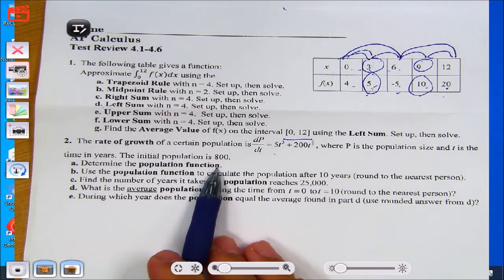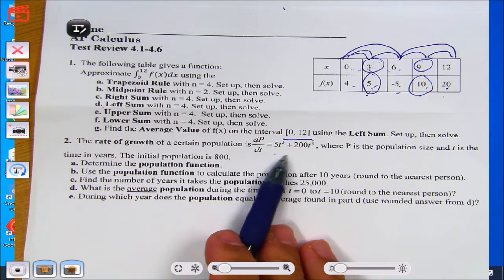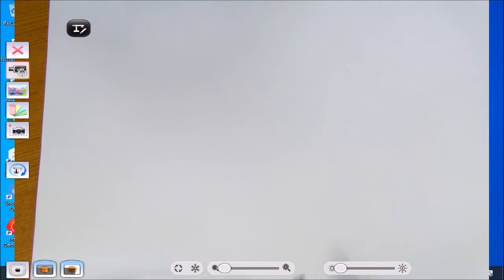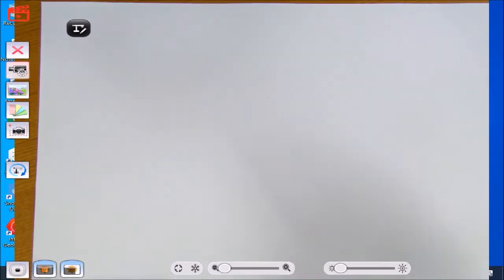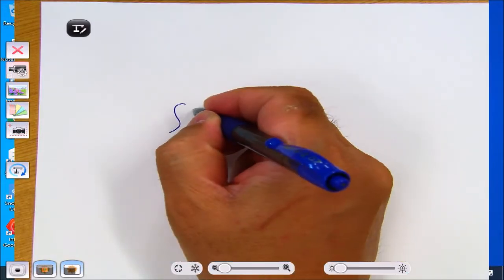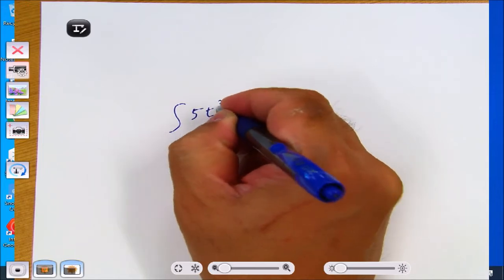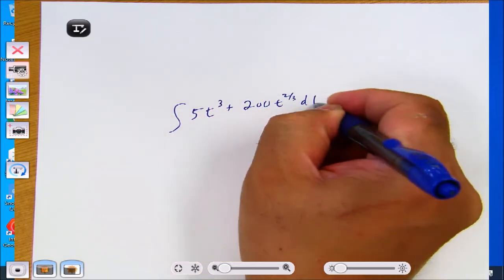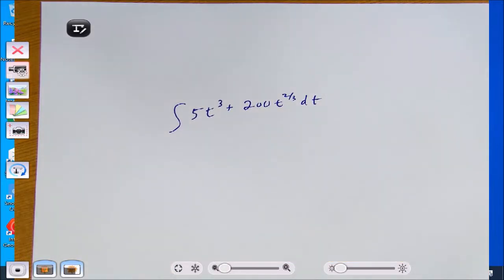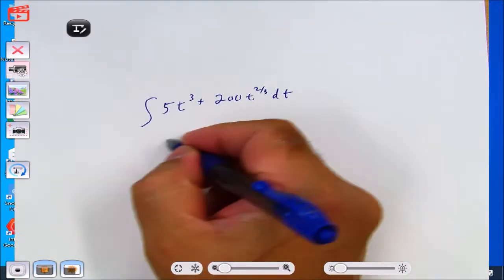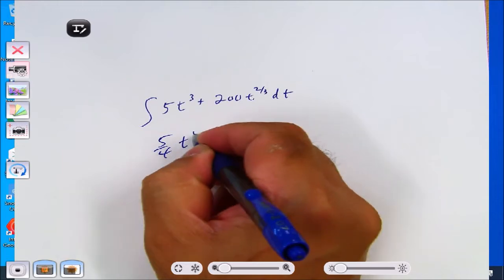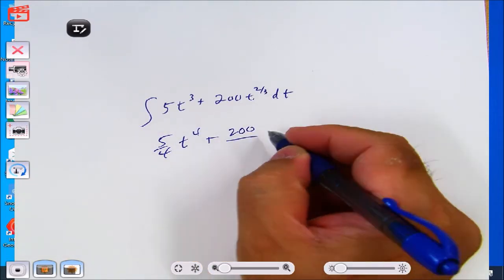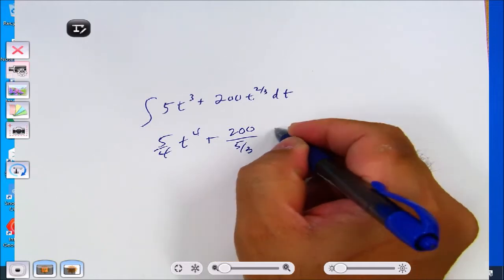So to determine the population function, and they give you a growth rate, you're going to integrate that and solve for C. So this is going to be the integral of 5t cubed plus 200t to the 2/3 dt. And you're going to solve for C when you integrate that. So that's going to be 5/4 t to the 4th plus 200 over 5/3 t to the 5/3.